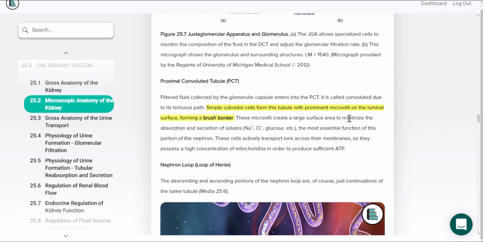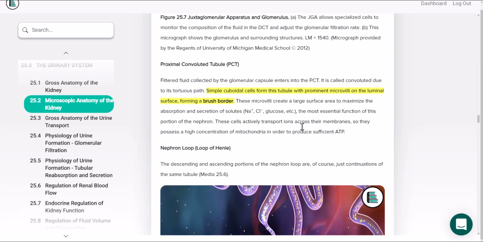Those microvilli are creating a large surface area, and we're going to see that there's a lot of modification going on of your filtrate, where the kidneys are adding and subtracting sodium, chloride, glucose, amino acids, potassium, all sorts of electrolytes and small molecules. That's really what's going on here: we're in the business of absorbing and secreting. We'll go through those words in a few minutes.